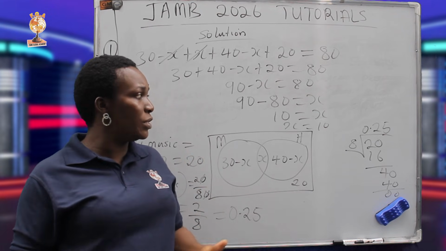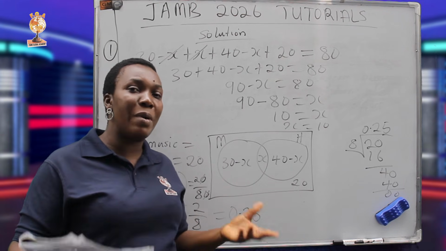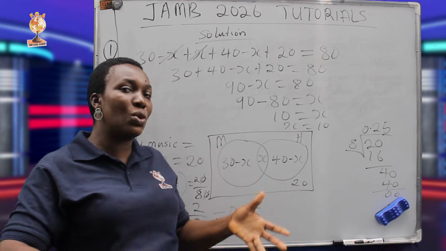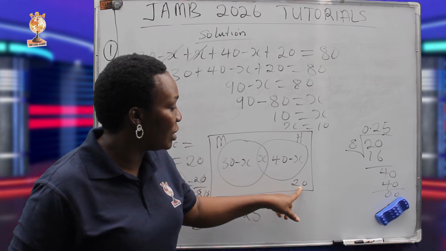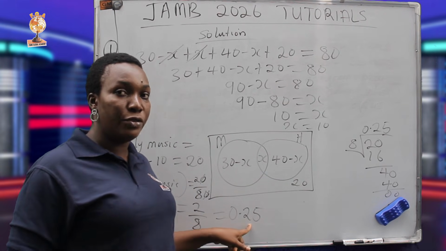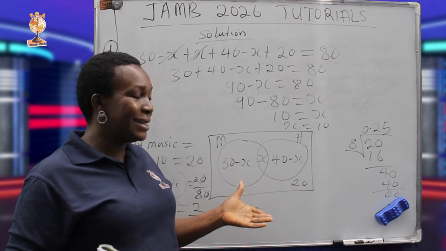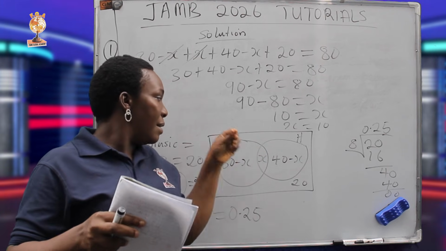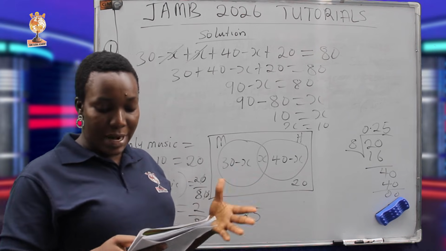Assuming the question comes in the form that, if a student is picked at random, what is the probability that the student does not study music and does not study history? In that case, it is even simpler. You just go straight and use this 20 divided by 80, which will also give you 0.25. In that case, you don't need to look for X, because X is only needed for people that study music and history. Okay, so that is that for this question.